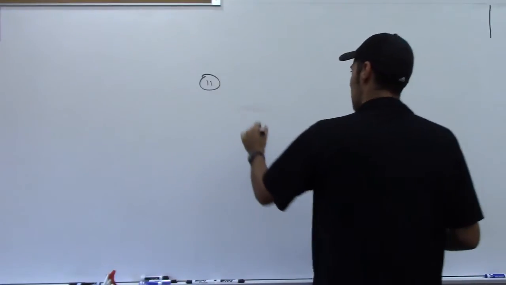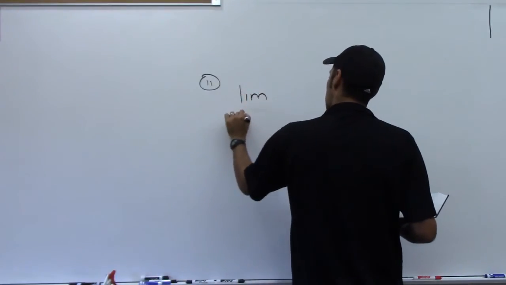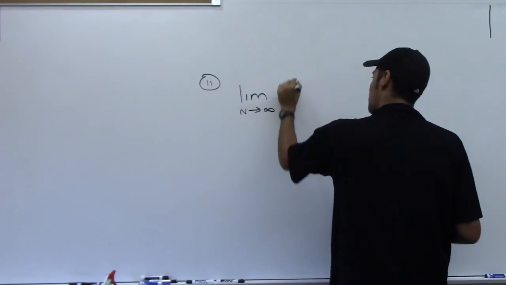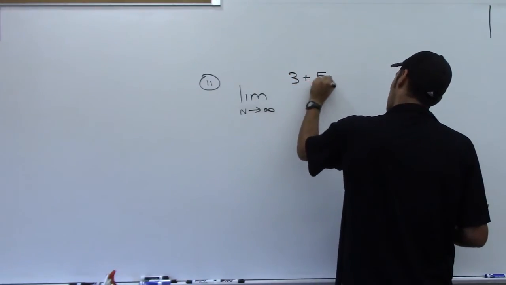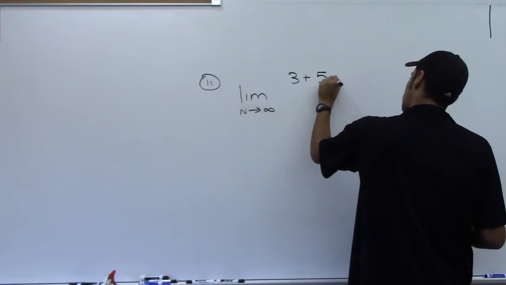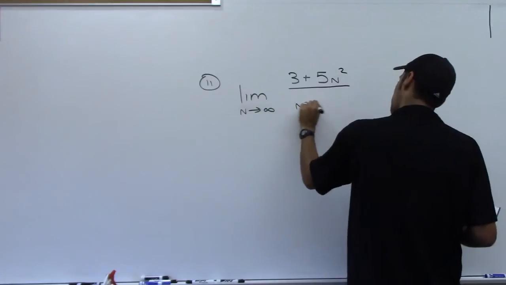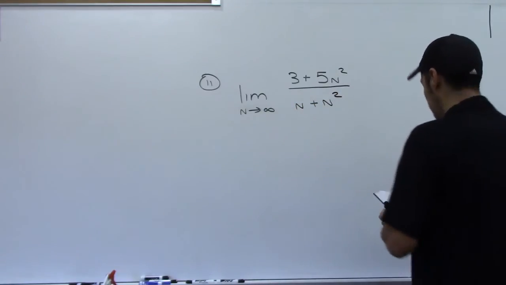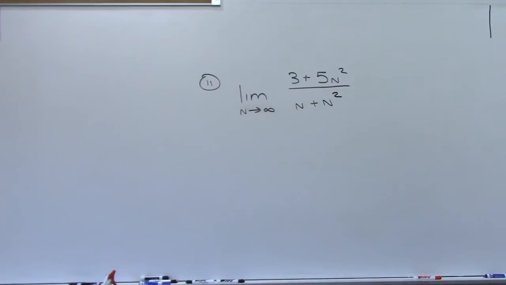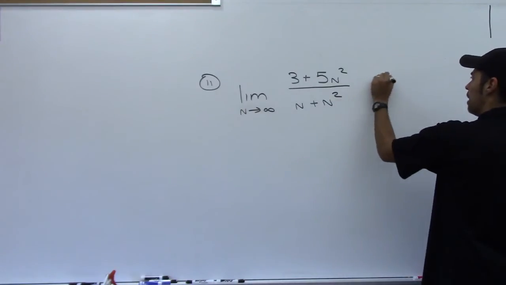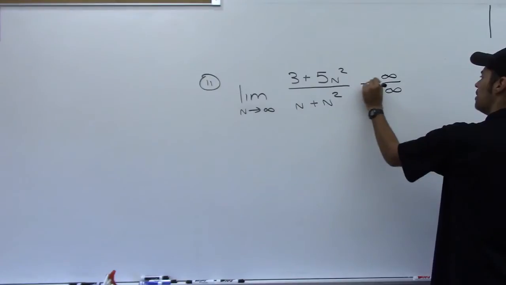Save myself some time. Limit as n goes to infinity of 3 plus 5n squared over n plus n squared. All right, we're going to do this the exact same way. If we let n go to infinity, we get infinity over infinity. That's where this is headed.